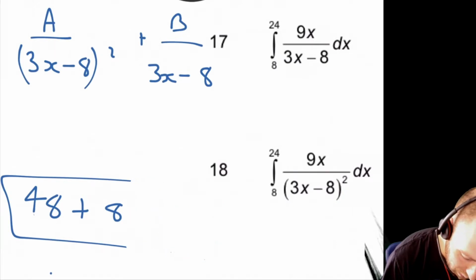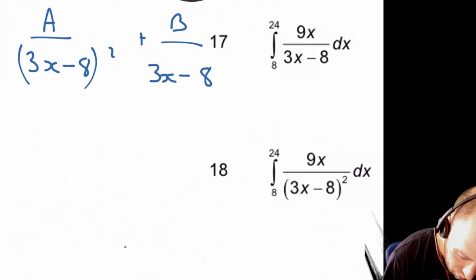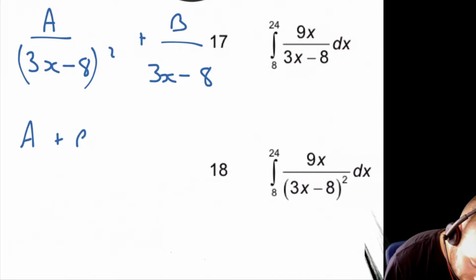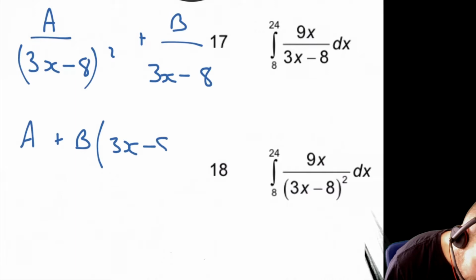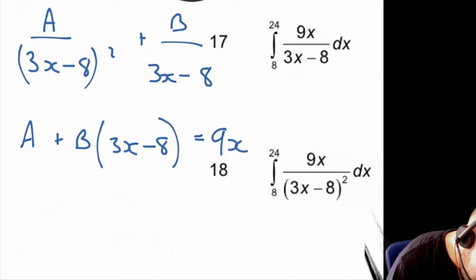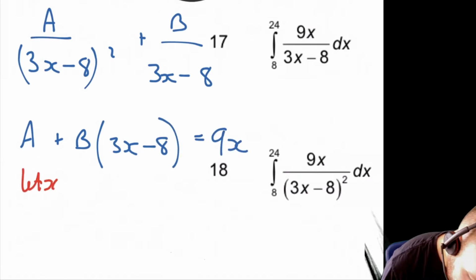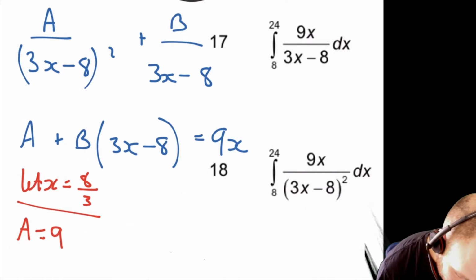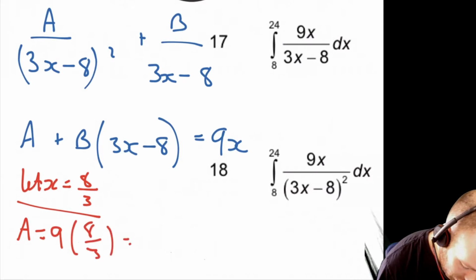Do some cross multiplication. So we get a plus b 3x take 8 equals 9x. Let x equal 8 over 3. So we get a equals 9 lots of 8 over 3, which is 24.